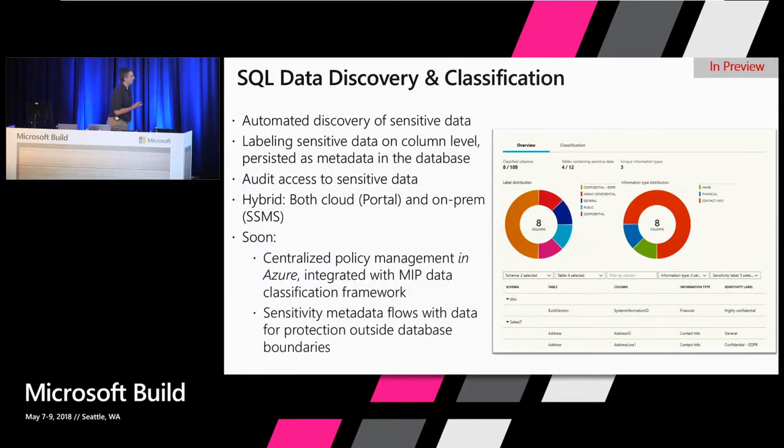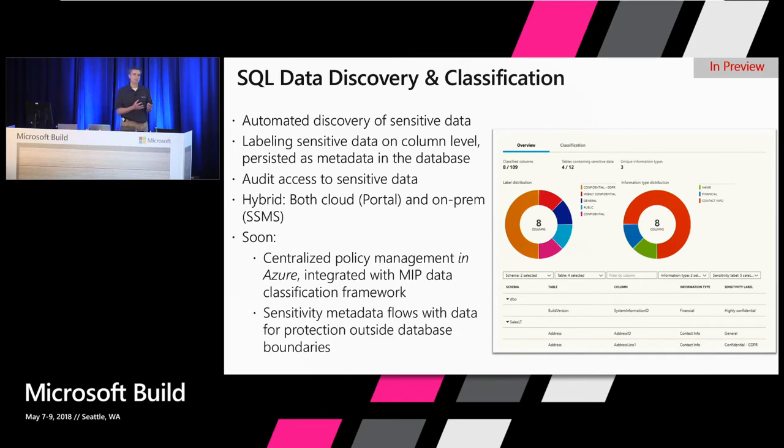And so as I said, we have a new preview feature called classification and discovery, which basically uses a bunch of info types. First of all, it looks at the metadata, the schema of your database, and then finds columns that could be considered sensitive.